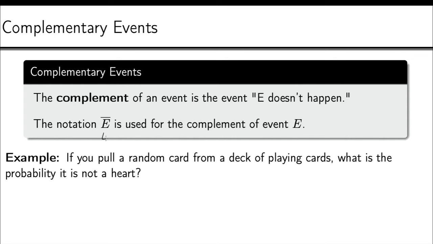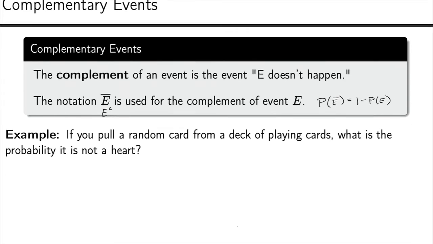Sometimes you'll also see E with a superscript of C for the complement of E. But we're going to focus on this one here, and we would just read this as E complement. There's a nice rule for complementary events: the probability of E complement is equal to 1 minus the probability of E.